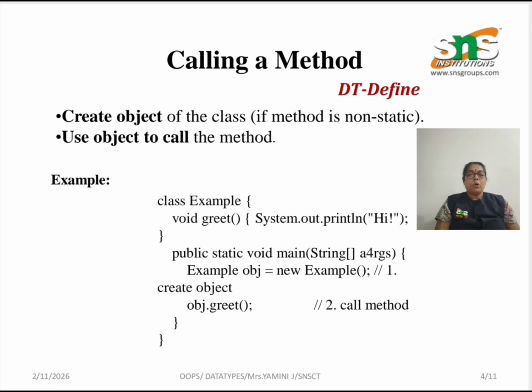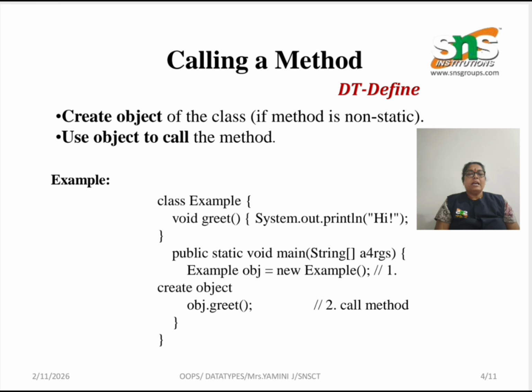Once the object is created, we use the object reference to call the method. The process involves two steps. First, creating the object, and then invoking the method using the object name. This approach supports object-oriented principles where behavior is associated with the object.